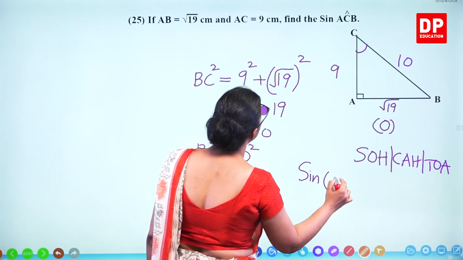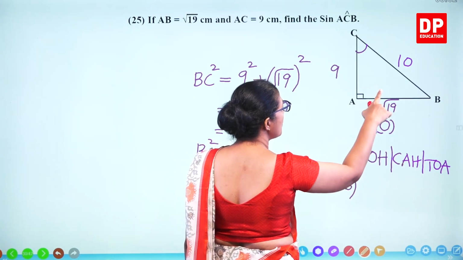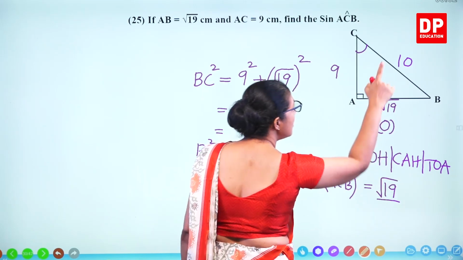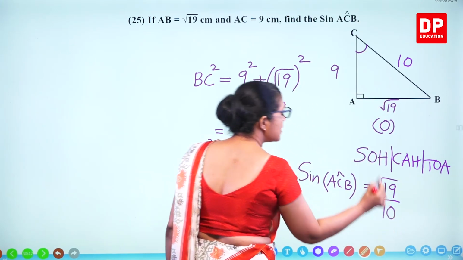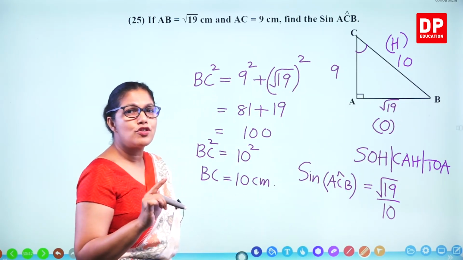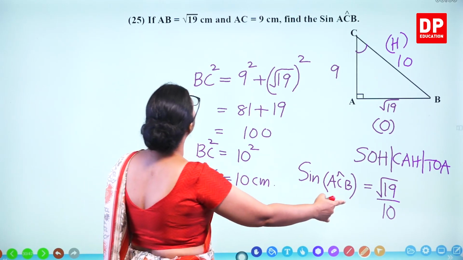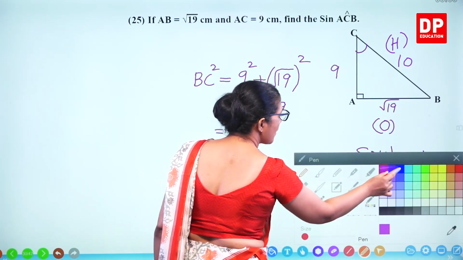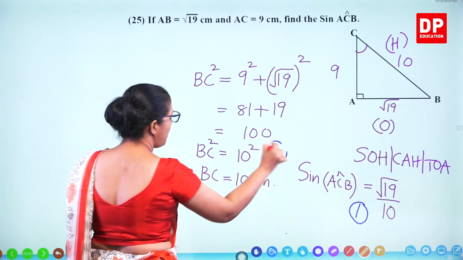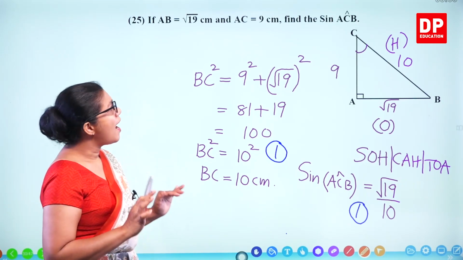Sine of ACB is equal to root 19 over hypotenuse, which is 10. This is the hypotenuse, always opposite to the 90-degree angle. So this is the answer. So you get 1 mark for this, and finding the BC length, 1 mark. So that's the last question.